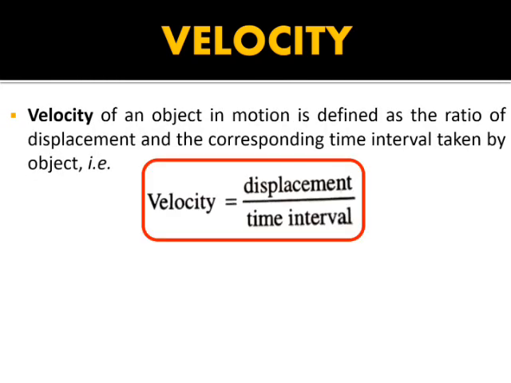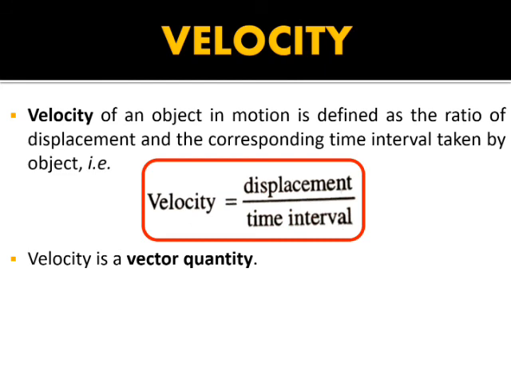Now let's see what is velocity. Velocity of an object in motion is defined as the ratio of displacement and the corresponding time interval taken by the object. That is, velocity equals displacement covered upon time interval.